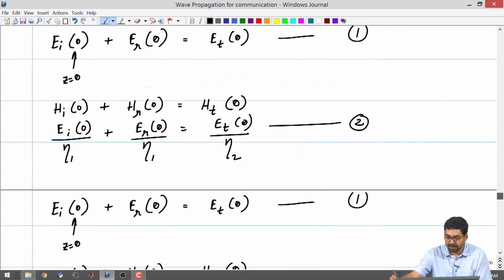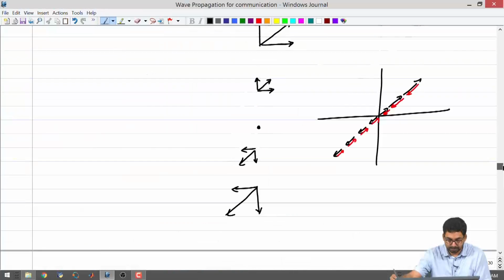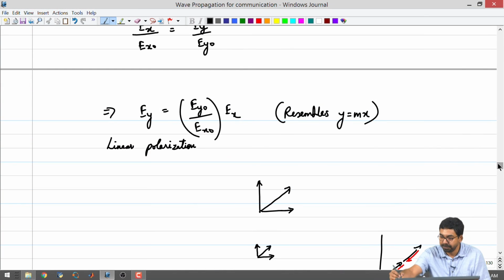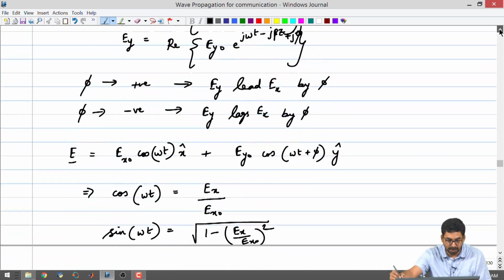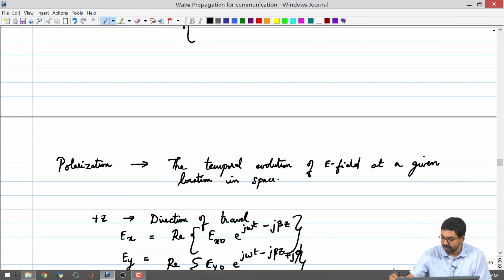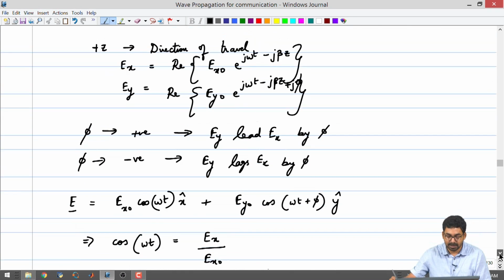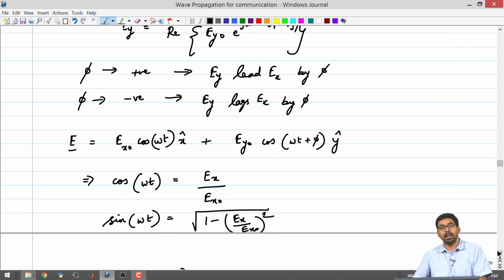In those lectures, one of the things that we were noticing was you could have Ex and Ey, and they could have different magnitudes, and there could also be a phase difference between Ex and Ey.